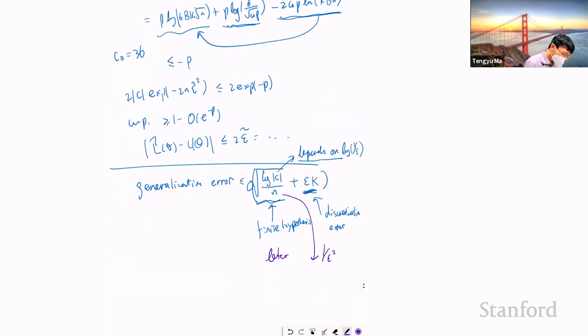And finally, just from a bird's eye view, log h or log p in this case, you can think of these as complexity measures of the hypothesis class.